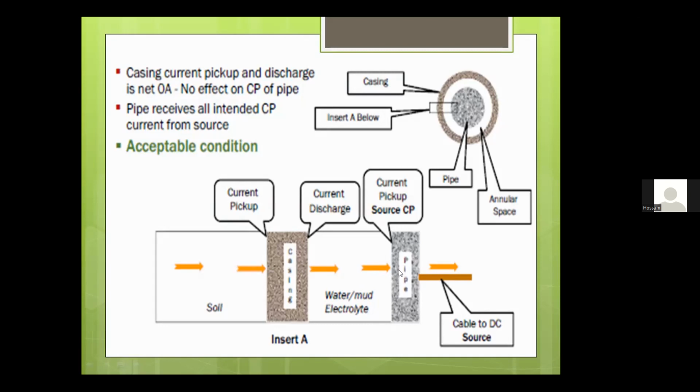So the pipeline will be protected. Casing current pickup and discharge has no effect on the cathodic protection of the pipe. So the pipe will receive all intended cathodic protection current from its source. So this electrolytic couple is an acceptable condition.